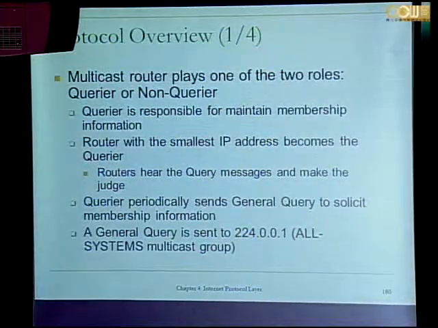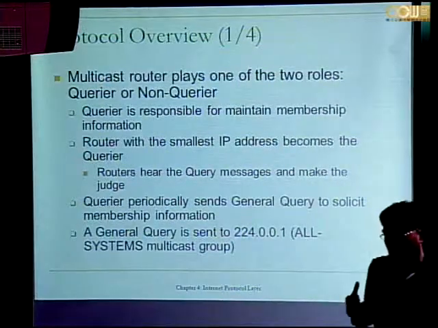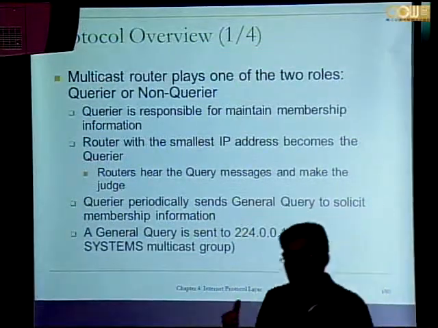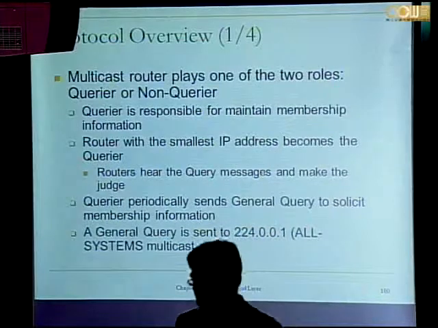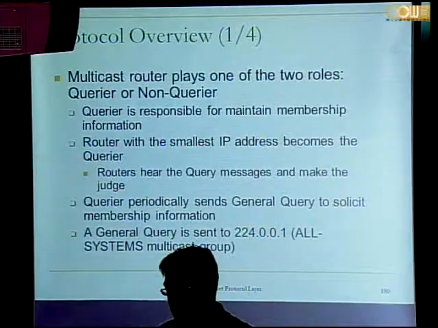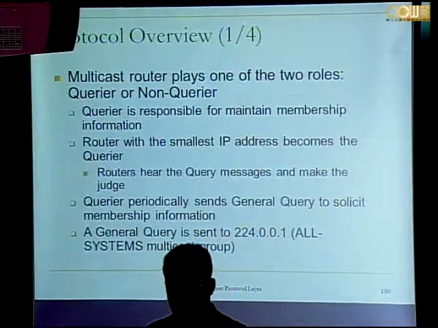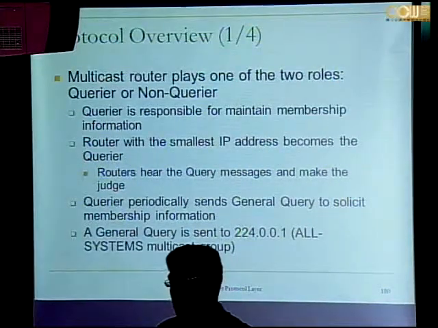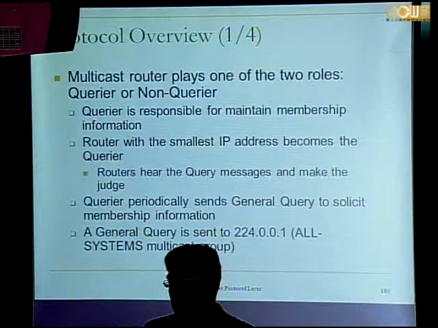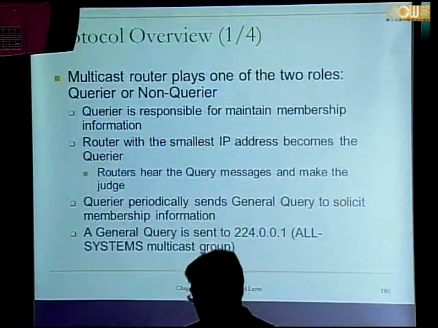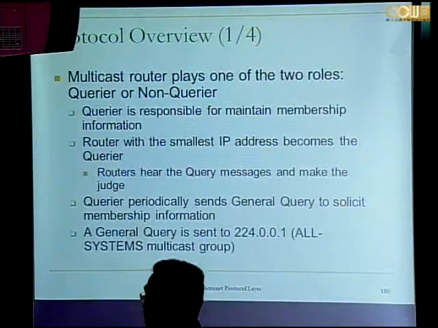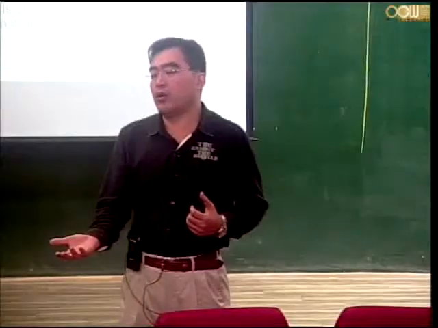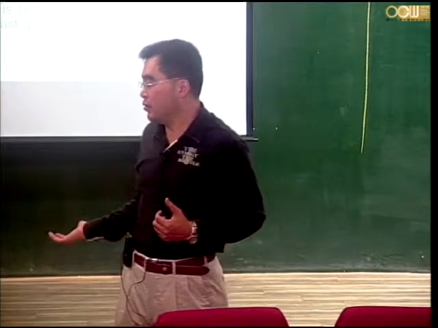So I'm the router with the smallest IP address on this subnet, compared to the other routers connected to this subnet. So I'm responsible, and I should periodically send a query. I'm broadcasting to ask the hosts, okay, does anyone belong to a certain Class D address?